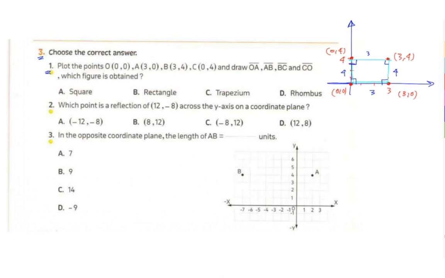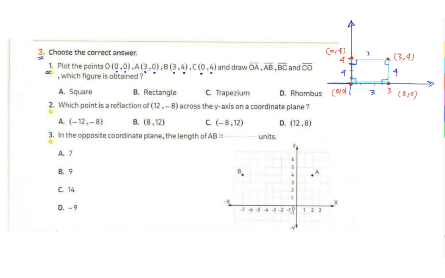You can identify this shape without drawing or plotting the points. How? Look with me. We have 4 as Y and 4 as Y. You can see that these 2 points have the same Y, and these 2 points, 3 and 3, have the same X, and 0 and 0 have the same Y, and this point and the last point have the same X, 0 and 0.